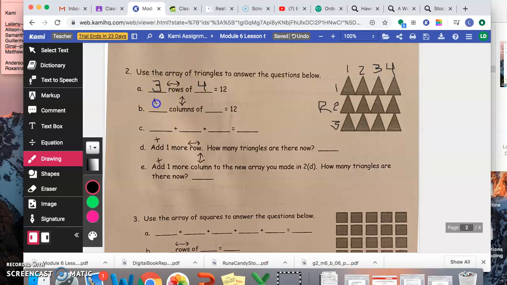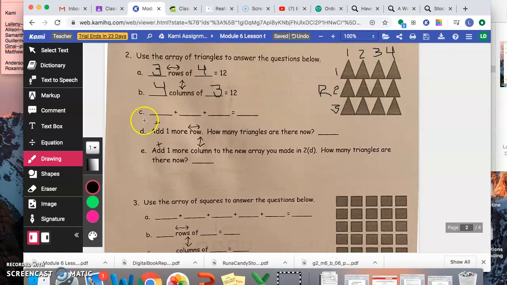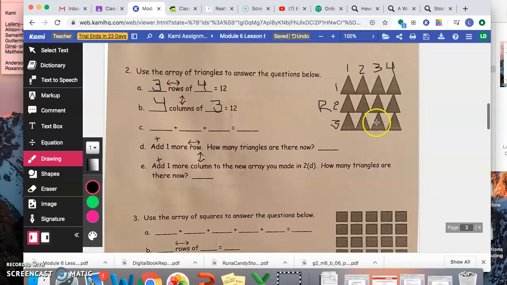So there's 4 columns, and in each column, 1, 2, 3. There's 3 in each column, which again equals 12. Then here, I want you to write a repeated addition sentence that we could use for this array, okay?